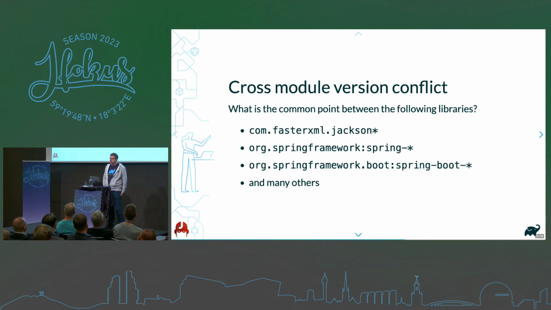So another classical issue in the JVM ecosystem is this cross-module version conflict. What do all of these have in common? I'm asking a question for real. The whole set of Jackson libraries, the Spring Core libraries, or the Spring Boot libraries.